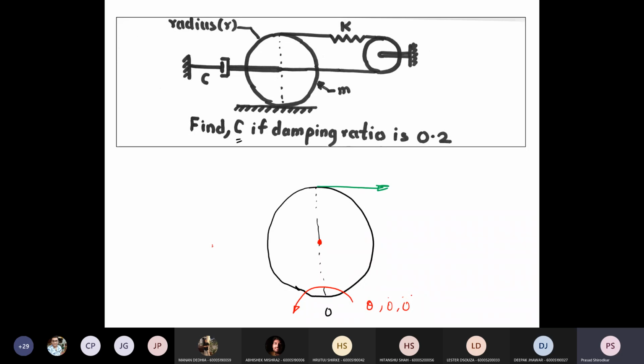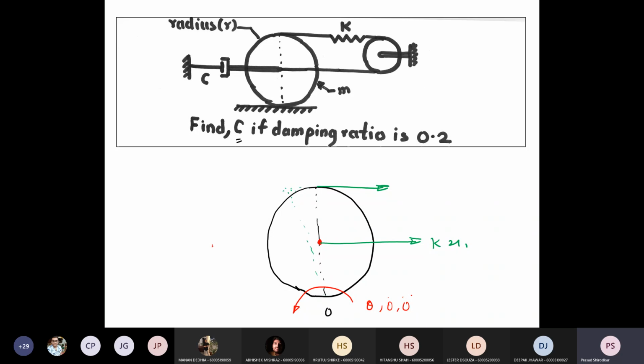So if this is theta, so this will be this. So here the displacement is x1.